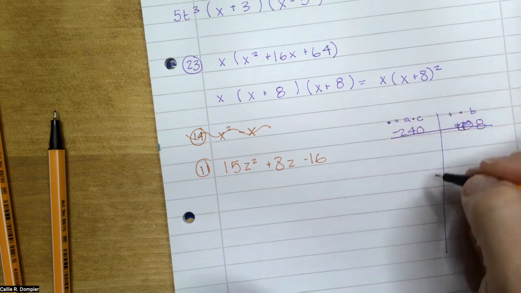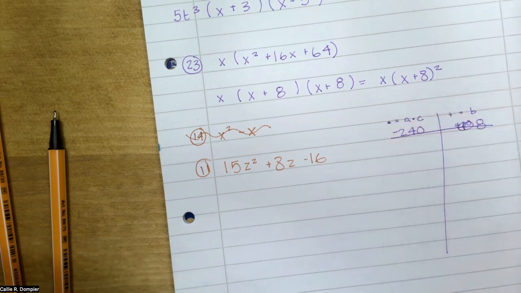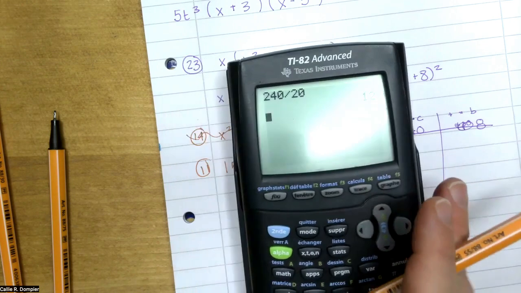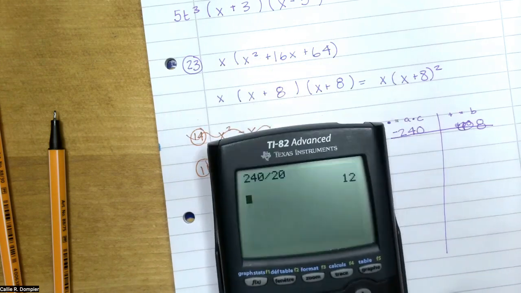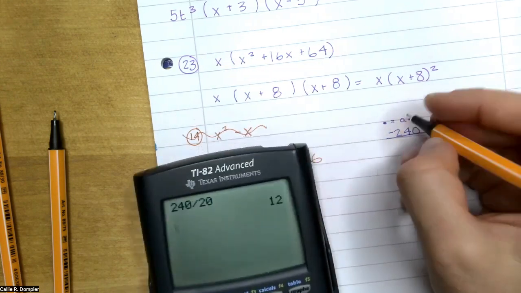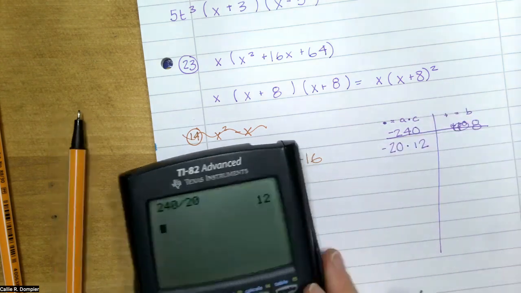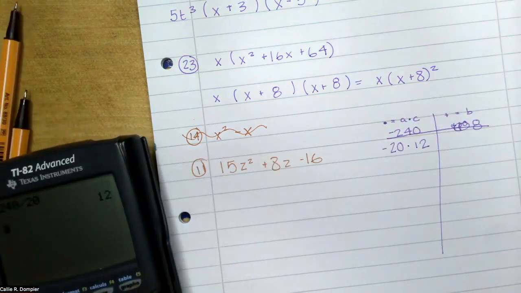Good, so you're just gonna make a really long list of the factors of 240, but you kind of want some numbers that are close to each other, right? So 240 divided by 20 is 12. 20 times 12, maybe the 20 is negative and the 12 is positive.